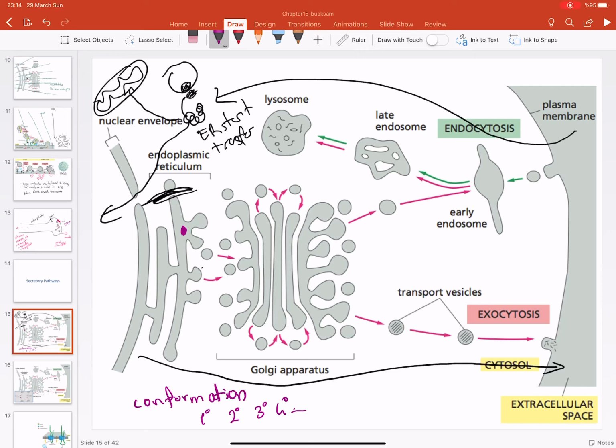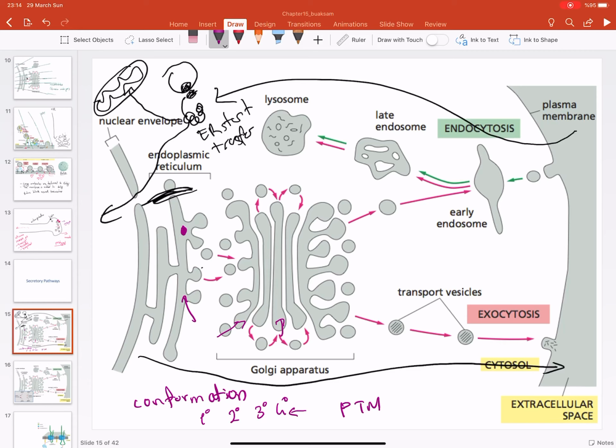This quaternary structure maybe requires different polypeptides to come together. It requires maybe post-translational modifications, maybe some methyl groups will be added. The post-translational modifications start here and they continue here.